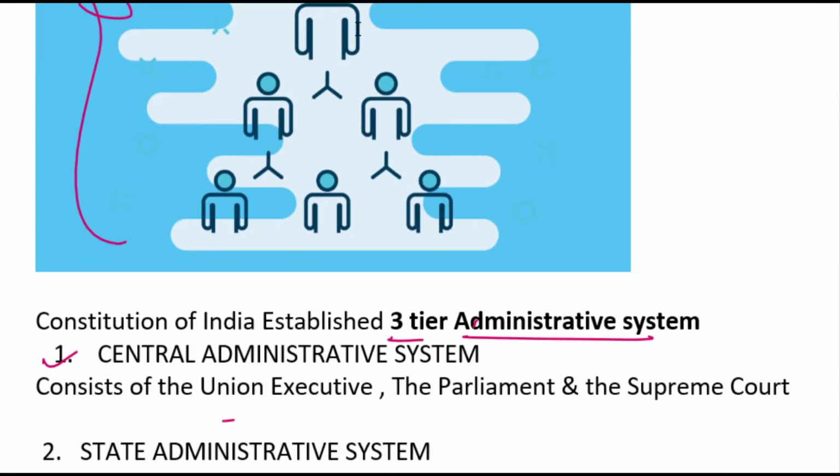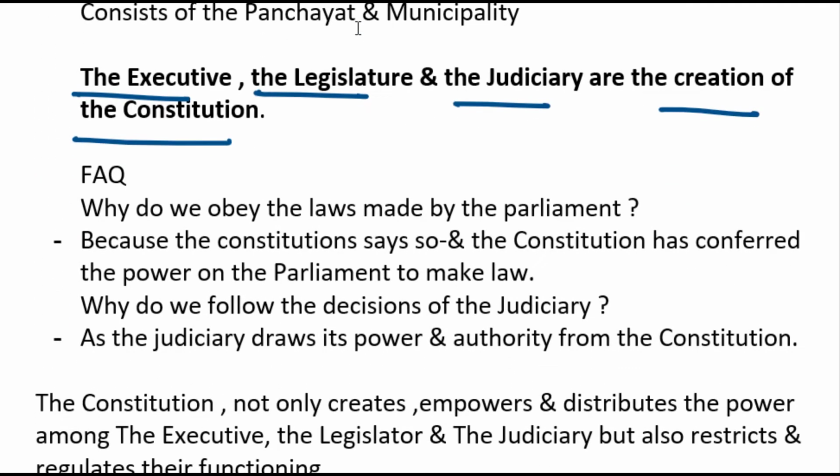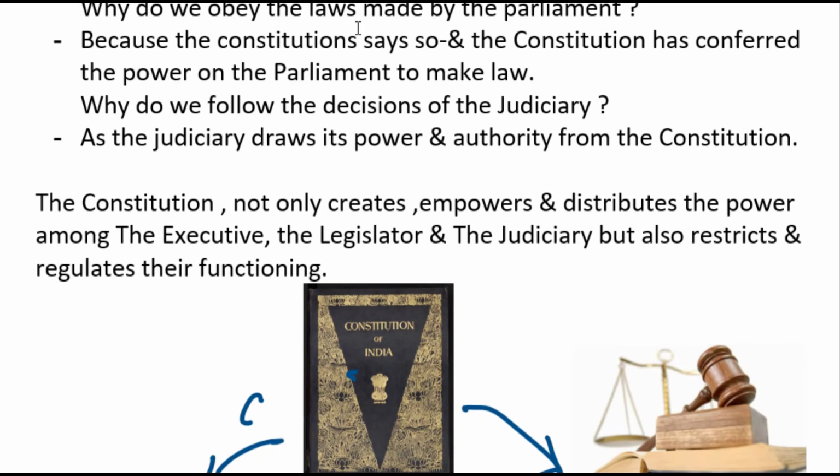India has a three-tier administrative structure. We then understood that the executive, the legislature, and the judiciary are not only creations of the Constitution, but they are also empowered and regulated by the Constitution through the distribution of power.